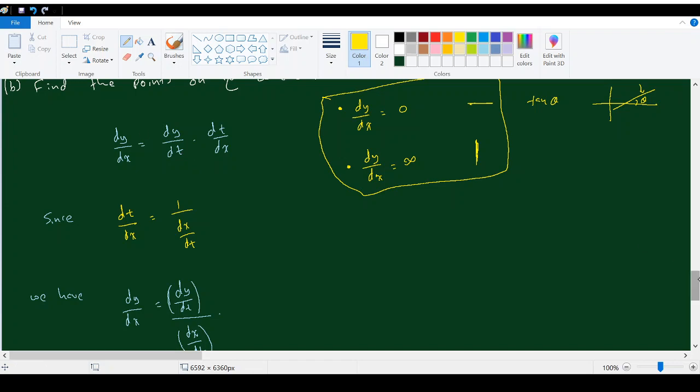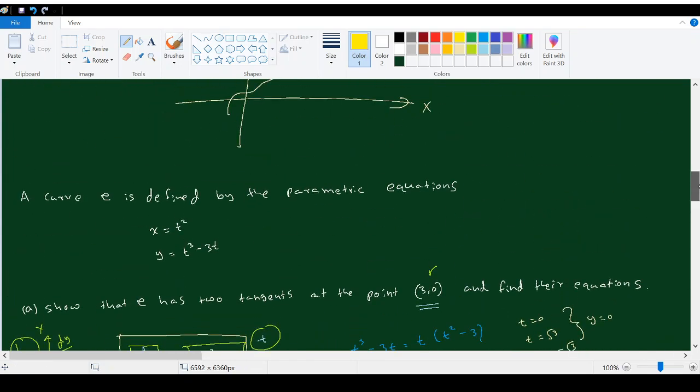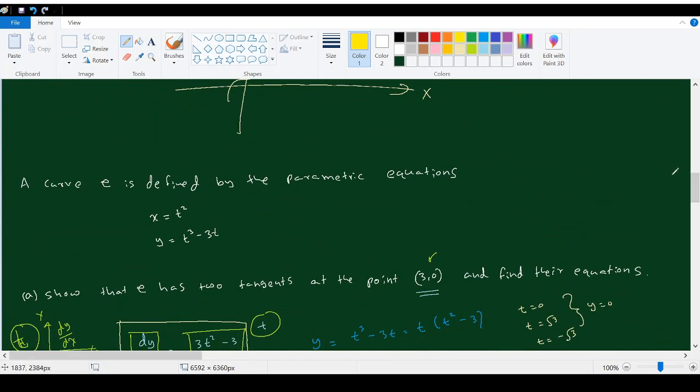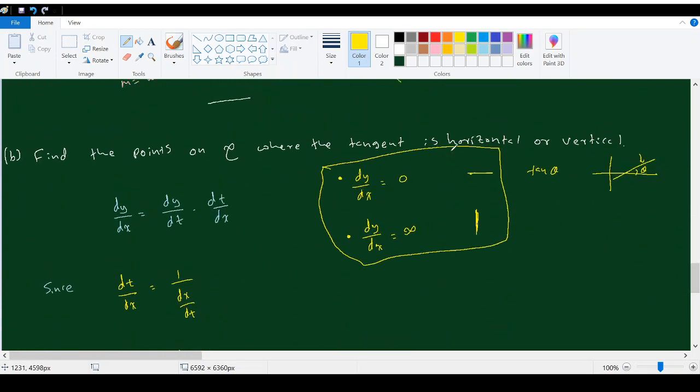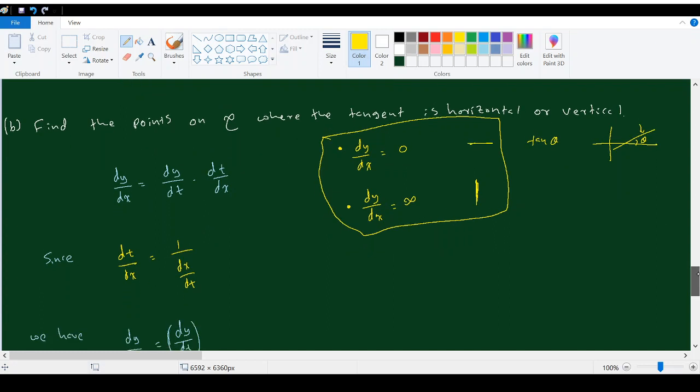Now remember, the curve is given like this, right, with respect to t, and this derivative, when you are saying the horizontal and vertical stuff, represents the derivative of y with respect to x, okay, not with respect to a different variable. So we have to compute the derivative of y with respect to x by the help of this chain rule that we learned, okay.